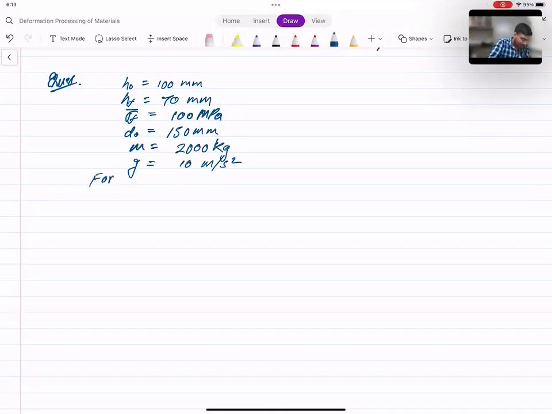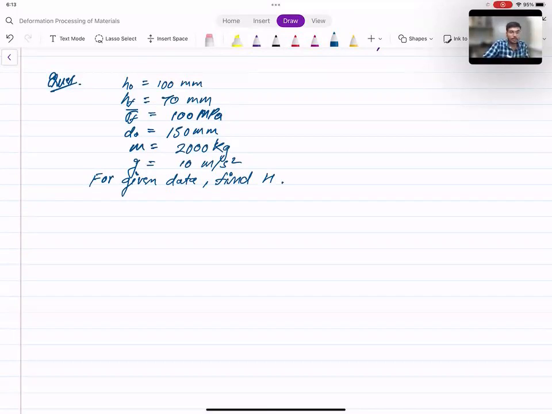So for the given data, find H. How can we approach this?